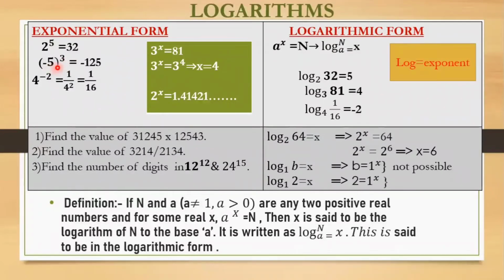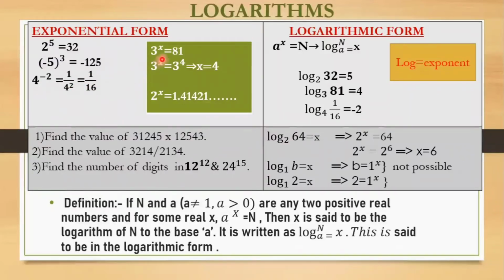So minus 5 whole cube value is minus 125. Next, 4 to the power of minus 2 is equal to 1 by 4 square. By using the law of exponents, a to the power of minus m equal to 1 by a to the power of m, the value of 4 to the power of minus 2 is 1 by 16.